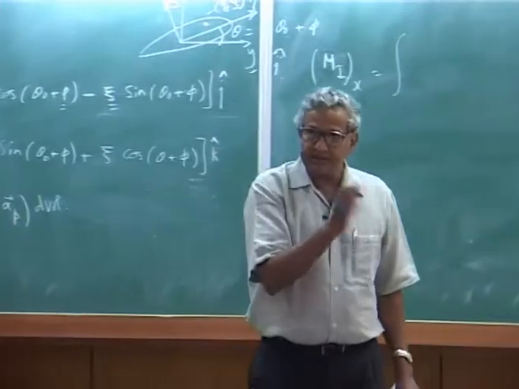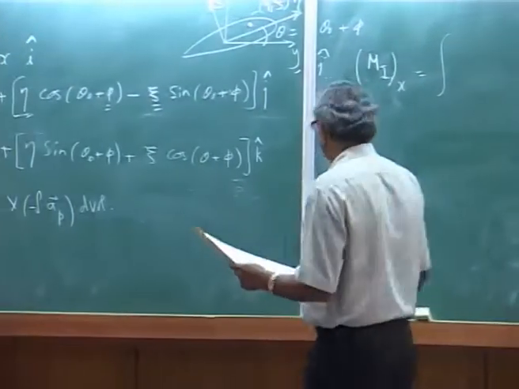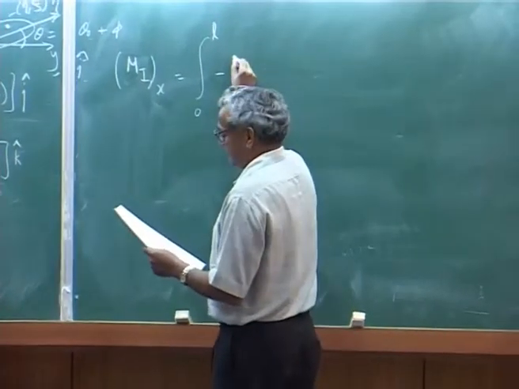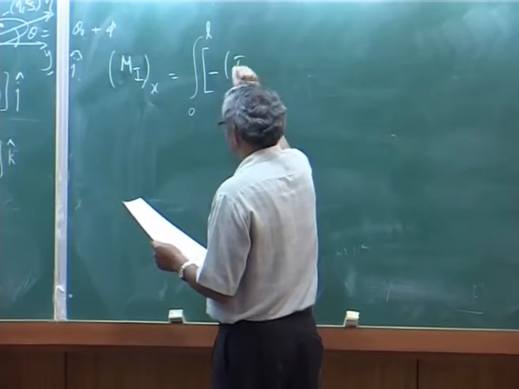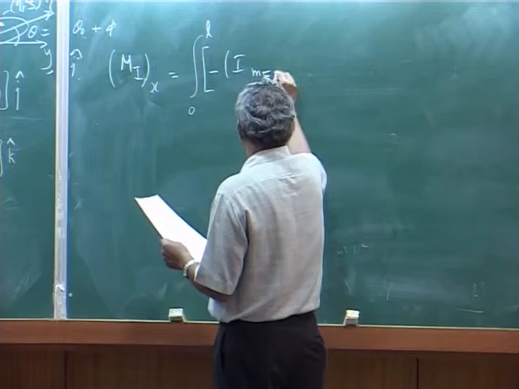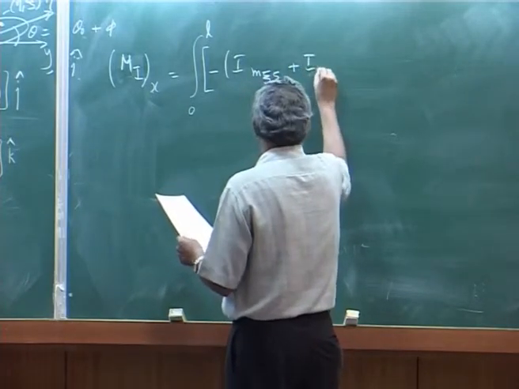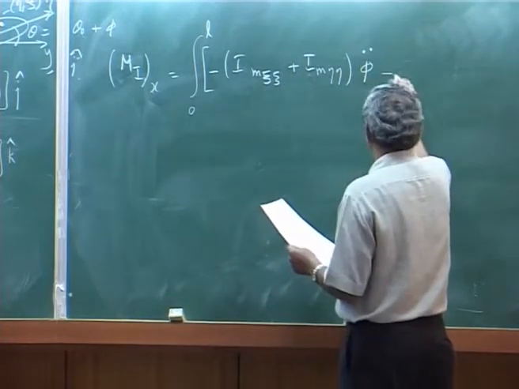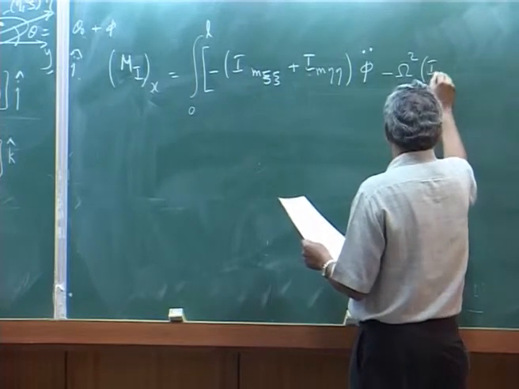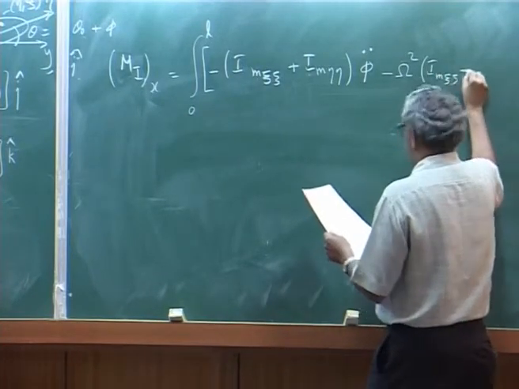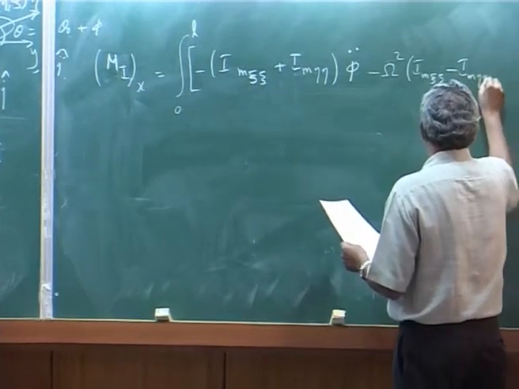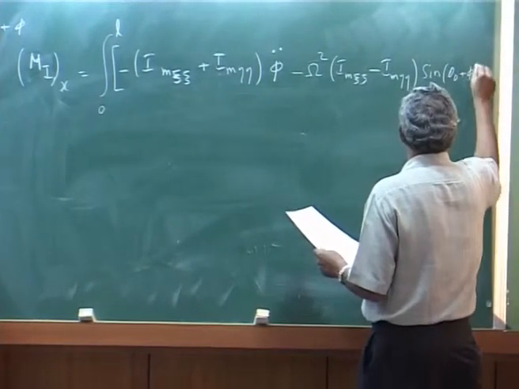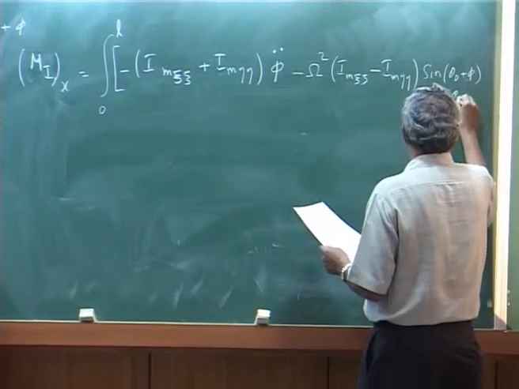So, you do the cross sectional integral separately, and then when you do it, you will have 0 to L, this is the length of the blade, minus I m, this is the symbol I am using, later I will tell you what this is, eta phi double dot minus omega square I m eta sine theta naught plus phi cosine theta naught plus phi, this is the product.